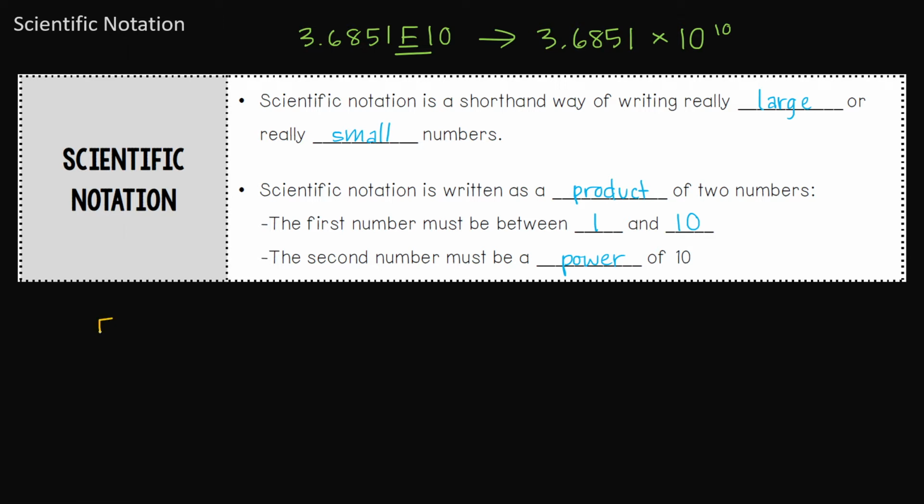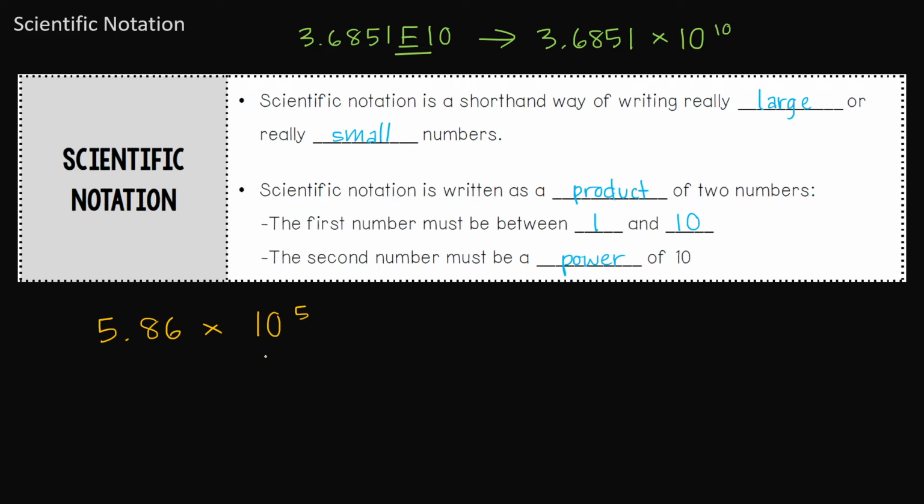Let's say we've got 5.86. Here's the first number. It's a number between 1 and 10. 5.86 is a number between 1 and 10. And we're multiplying it by a power of 10. 10 to the, let's say, 5th power.